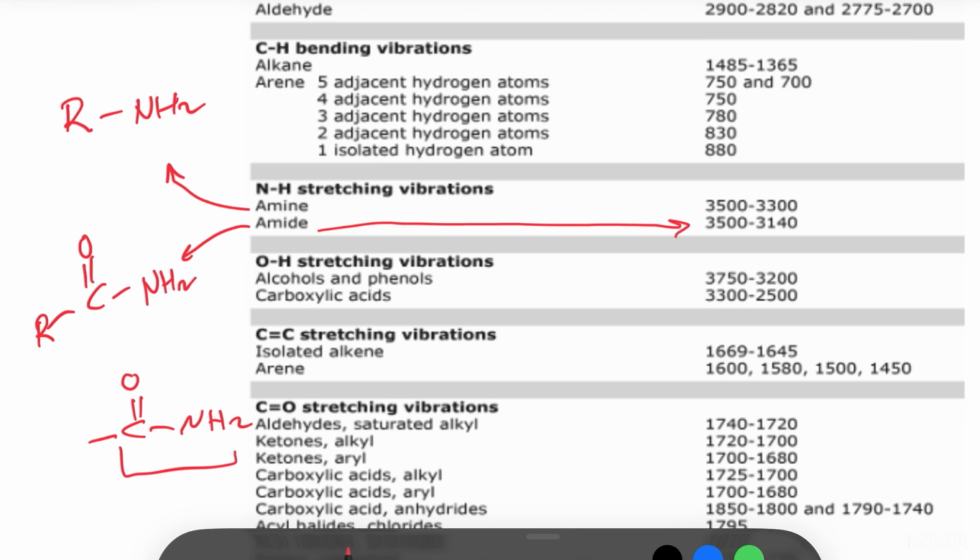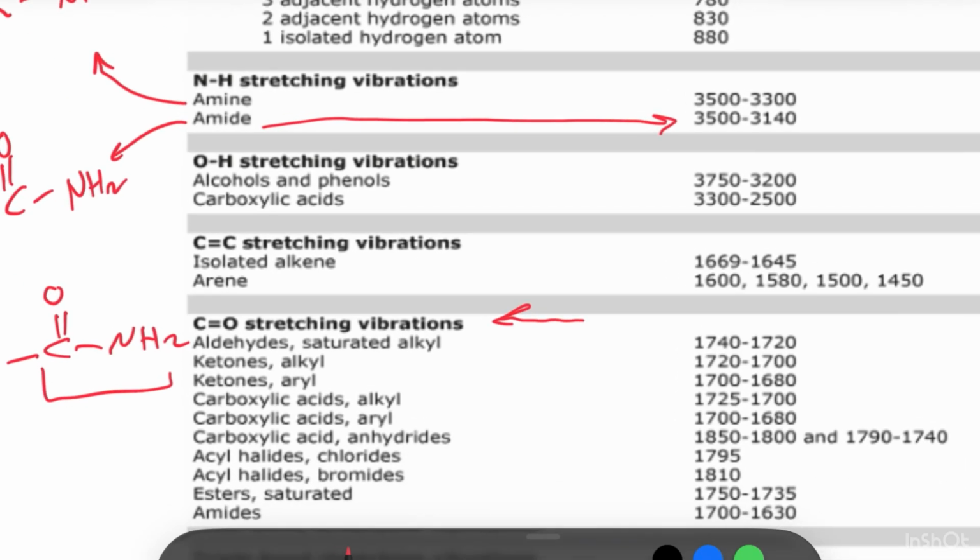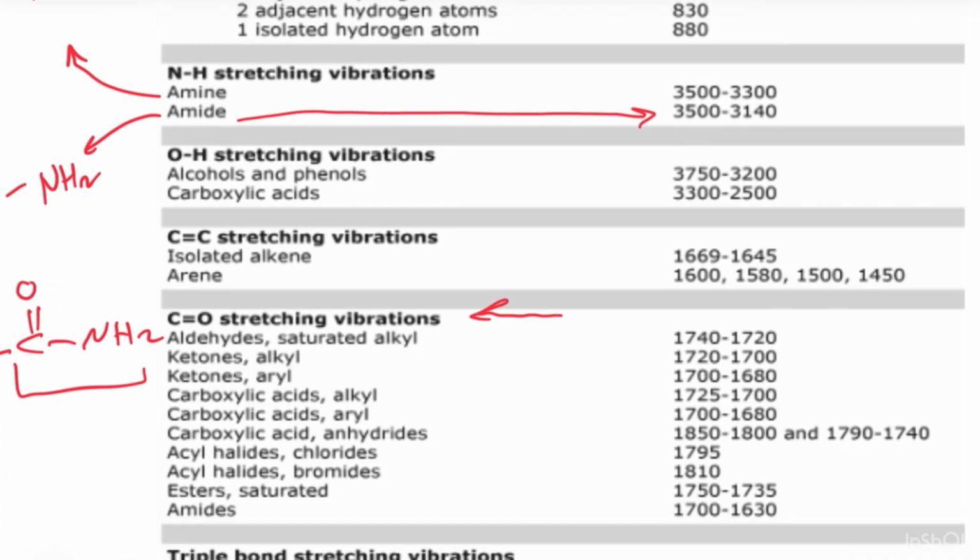Okay, now which of these frequencies belong to our compound? Definitely it's 3,500 to 3,140. So this is the first thing. And if we have C double bond O, let's look at the amides. It appears that the C double bond O is 1630 to 1700.